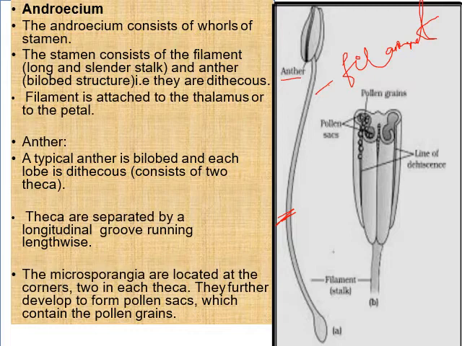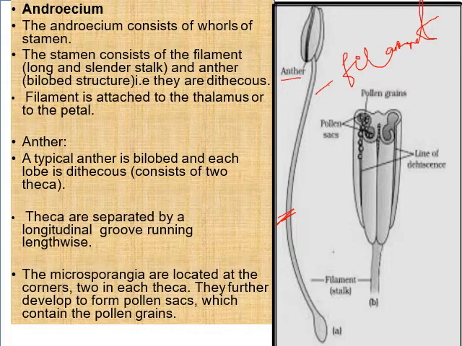If we see a typical anther as shown in your NCERT, the typical anther structure is bilobed and dithecous. This is a TS of the anther, a typical structure of an anther. This shows you the 3D structure of the anther, and this is the TS taken of the anther.